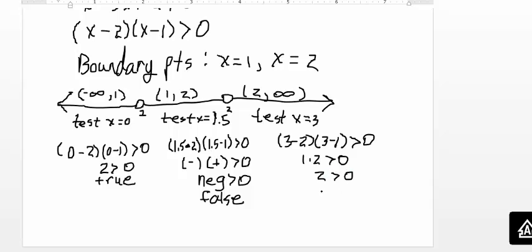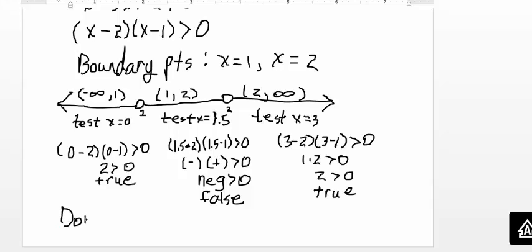So this is true. So all the numbers bigger than 2 make x minus 2 times x minus 1 greater than 0. So our solution set to the inequality is actually our domain.